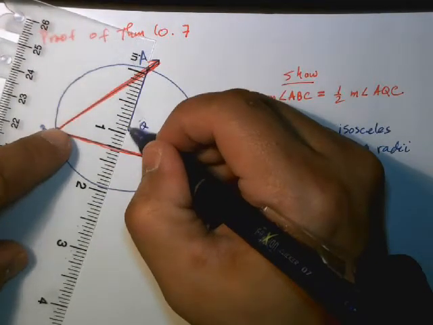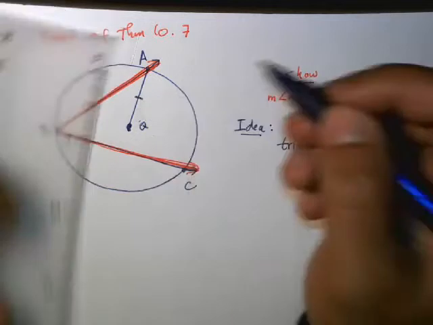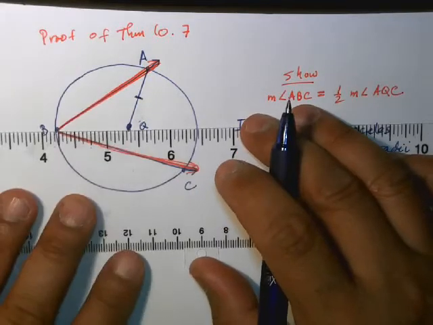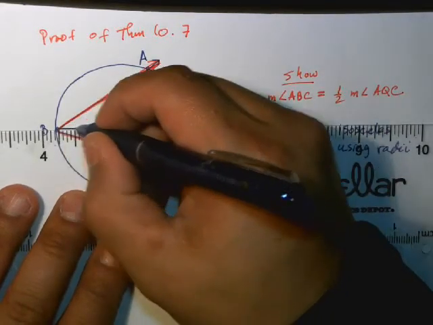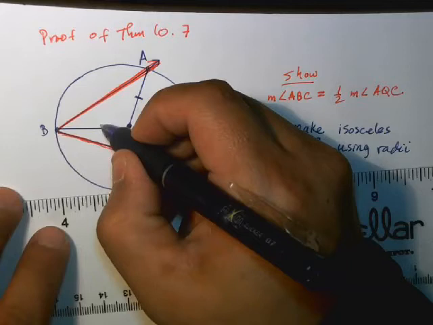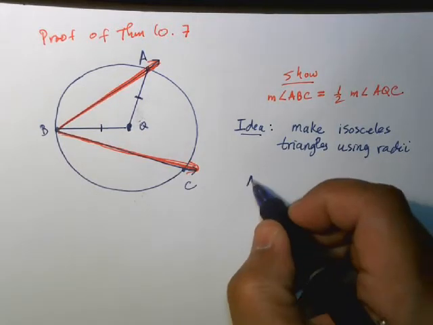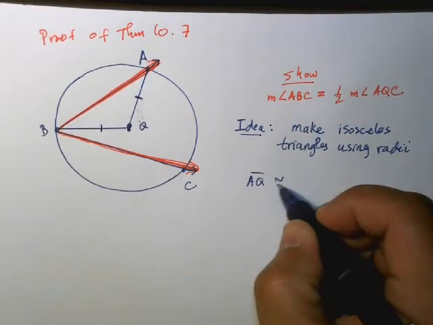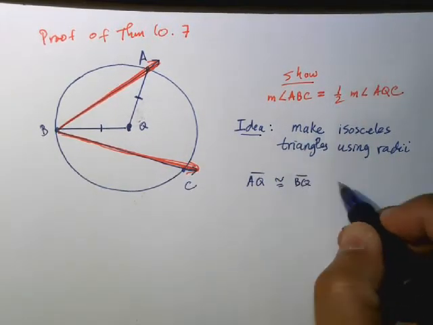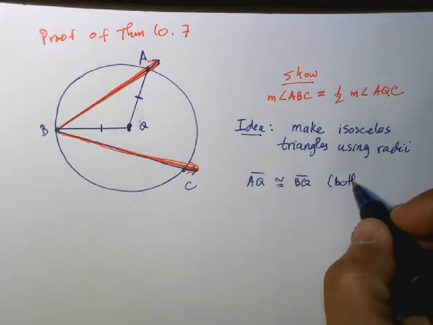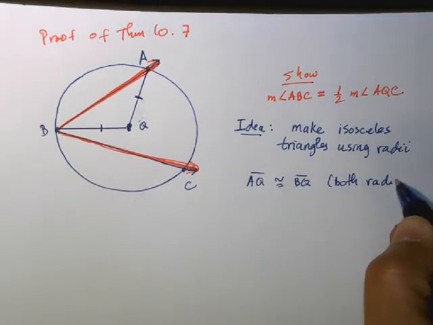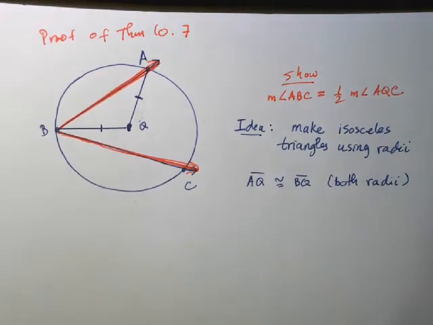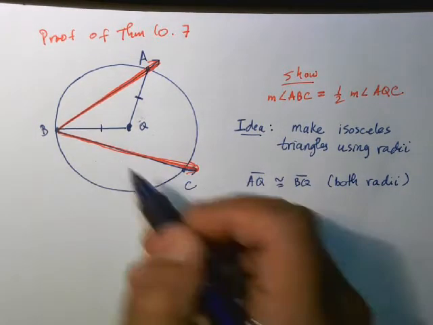So I'm going to start with that. So I know that AQ and BQ must be congruent to each other because they are radii. And I can put in some angle measures here.